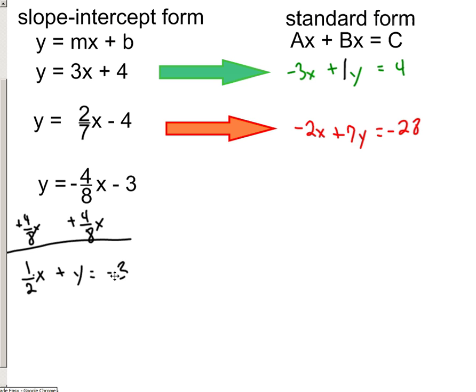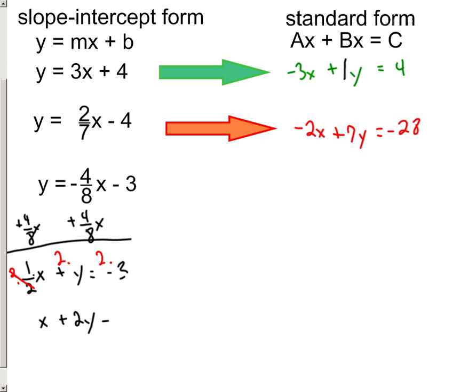So what can we do? Basically, just multiply it by 2, and then multiply this by 2, and then multiply this by 2. So 2 times 1/2 is 1, so there's my x. 2 times 1y is 2y. Is it positive or negative? It's positive.